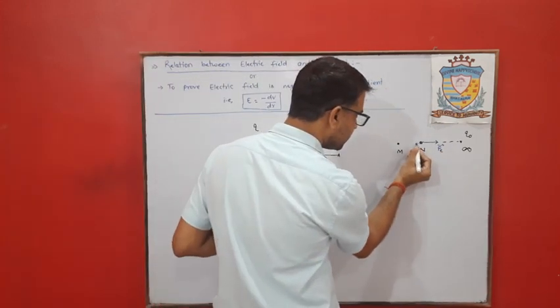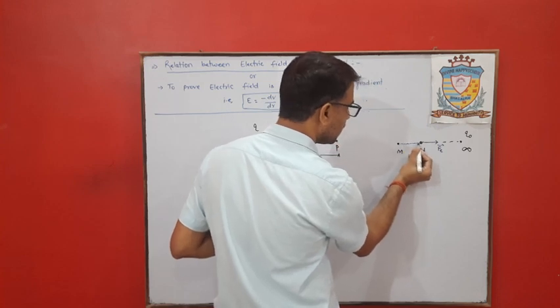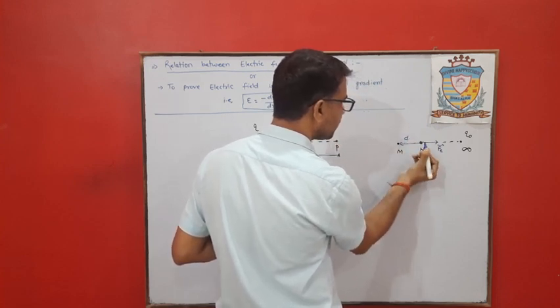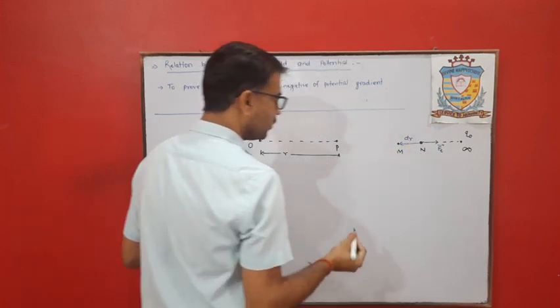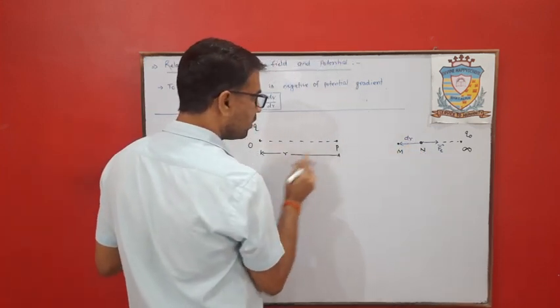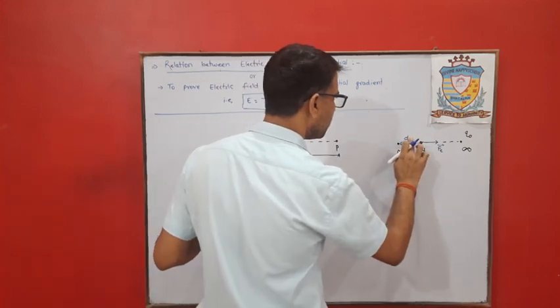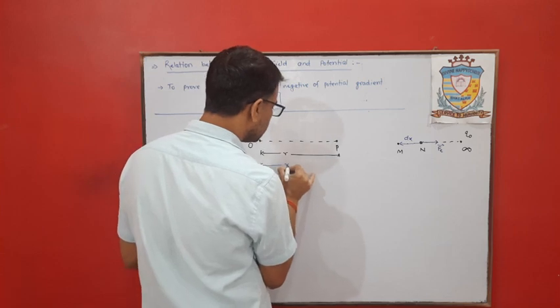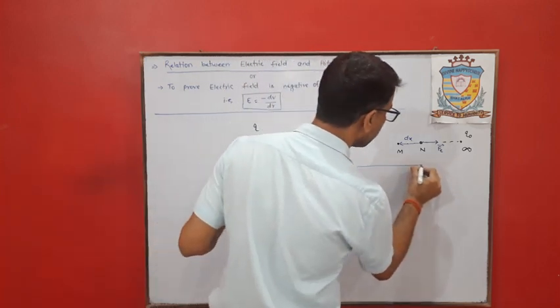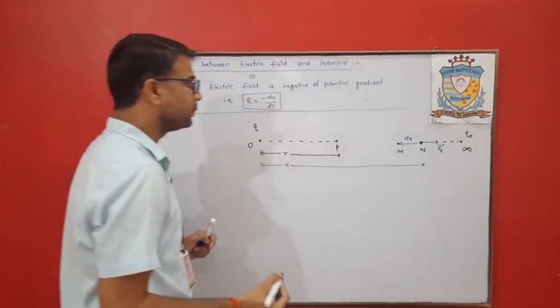Let this distance be dx, or take it as dr. Let this distance be x. Clear?